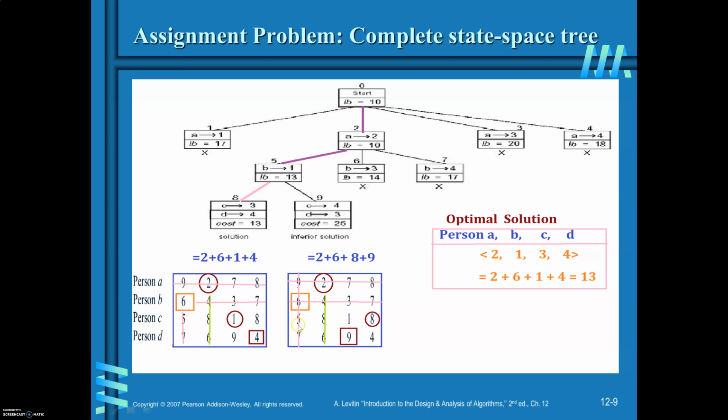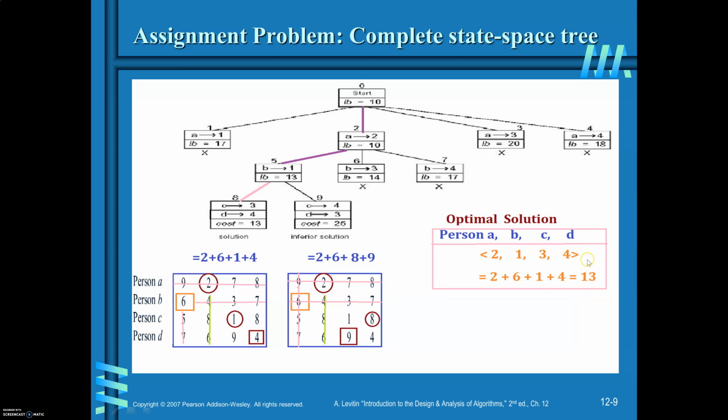First with the second job, the cost is 2. Second with the first job, the cost is 6. Third with the third job, cost is 1, and fourth with the fourth job it is 4. So total cost is equal to 13. The optimal solution is 13.